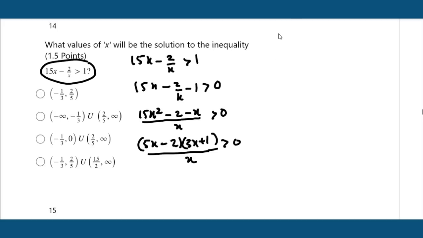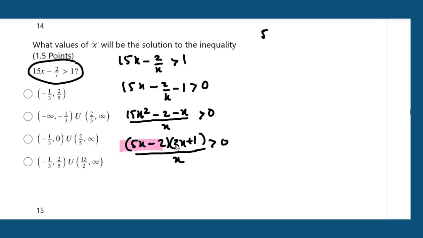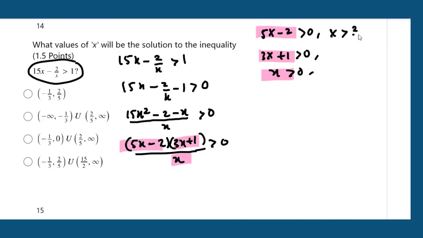According to the brackets, write down 5x minus 2 more than 0, 3x plus 1 more than 0, x more than 0. Simplify: x more than 2 over 5, x more than negative 1 over 3, and x more than 0.